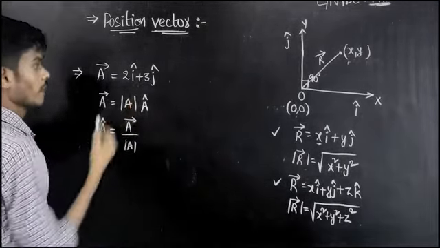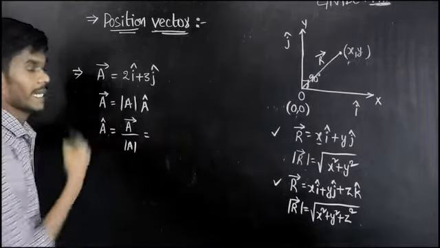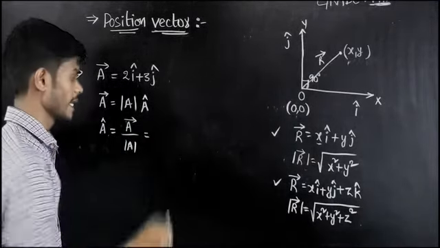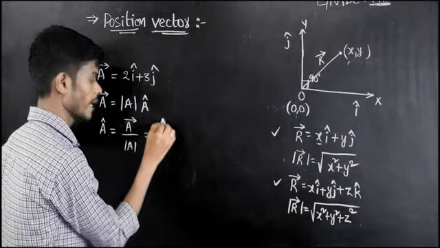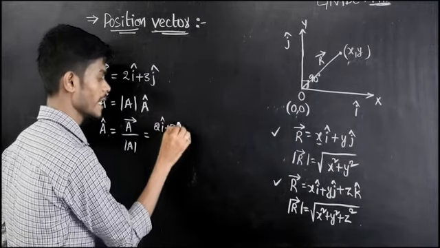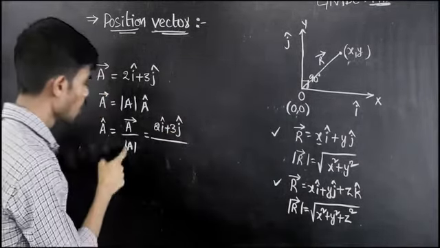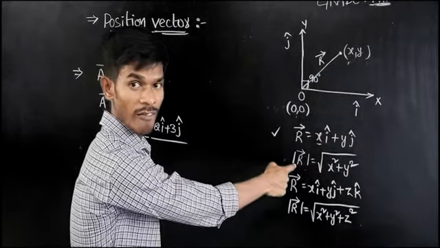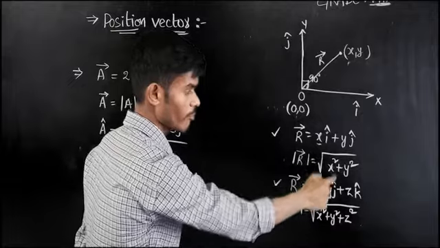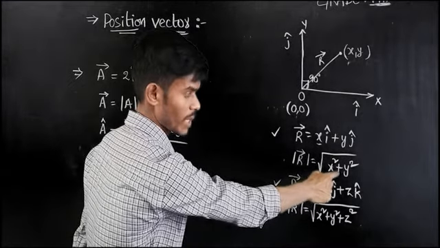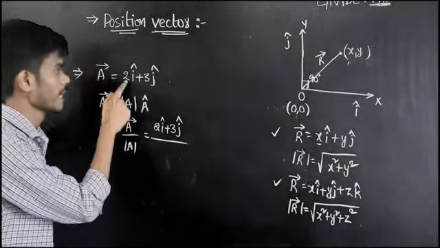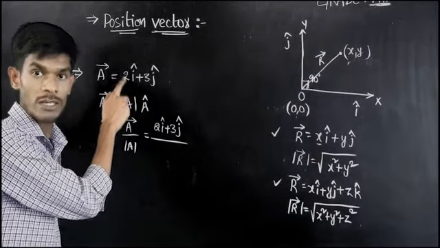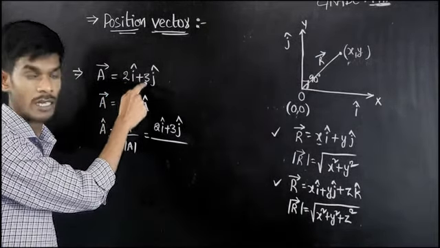So here a bar vector they have directly given as 2 i cap plus 3 j cap. So a cap is 2 i cap plus 3 j cap divided by modulus of a. Here modulus of r means root over x square plus y square, the x component squared plus the y component squared. The x component is 2 and the y component is 3.